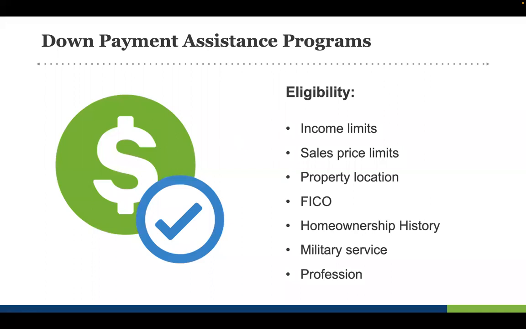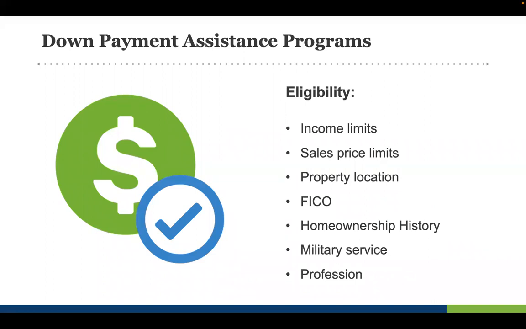You get the point. So most programs have purchase price and income limits, but they are market adjusted. They will reflect higher income and price limits in higher cost markets. So even if you're in a high cost market, yes, there are programs. And while they may have income and price limits, they are market adjusted to keep the door open to more buyers in your market buying at roughly median purchase prices.